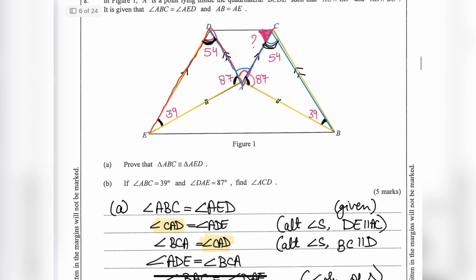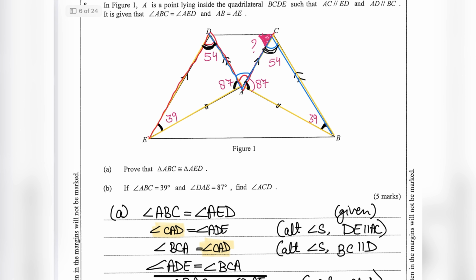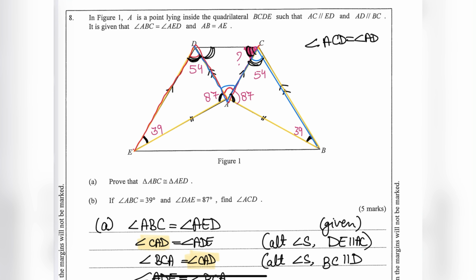When the sides are equal, the angles opposite them are also equal. So for your convenience, I'm writing it here: angle ACD equals angle ADC. By the sum of the triangle, they both are X.